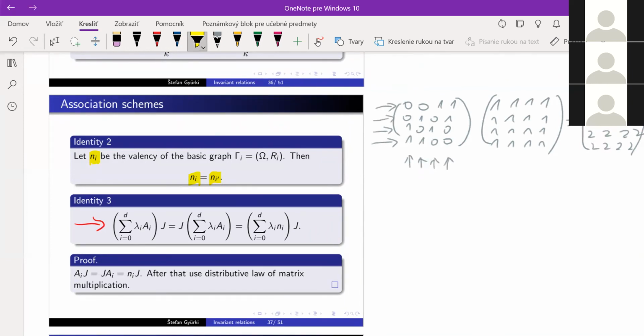So this equation appears quite often when you are working with regular graphs, so it is good to remember. And identity 3 is one of its consequences.